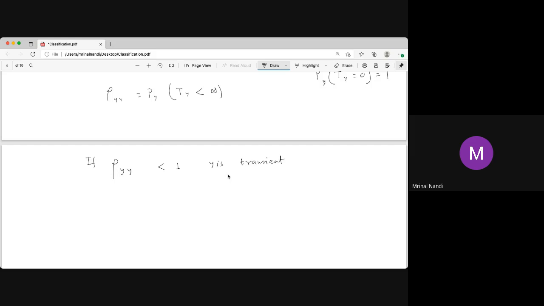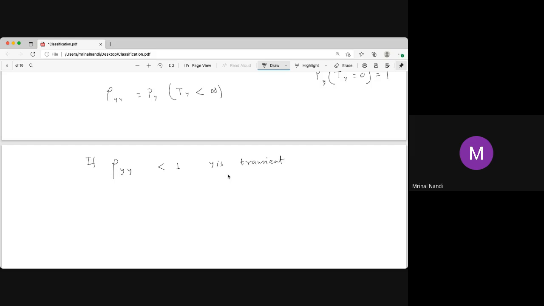And it may so happen that there is a transient state, not a recurring state, but with high probability it will reach there after 1 step. Say after 1 step, it will reach y with probability 0.9. In that case, what happens? Can it be a recurrent state or transient?